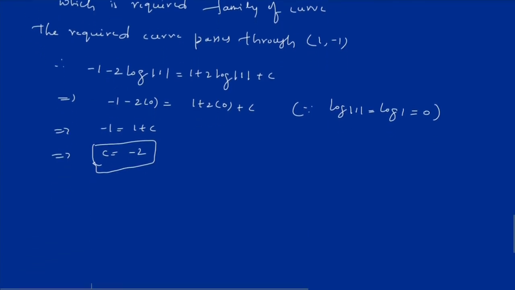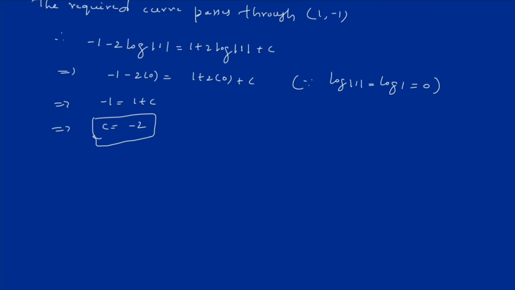So simply substitute this value of c in equation 1. What we get: y minus 2 times log of y plus 2 equals x plus 2 times log x minus 2, right?